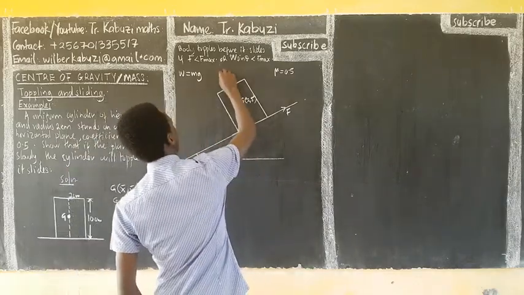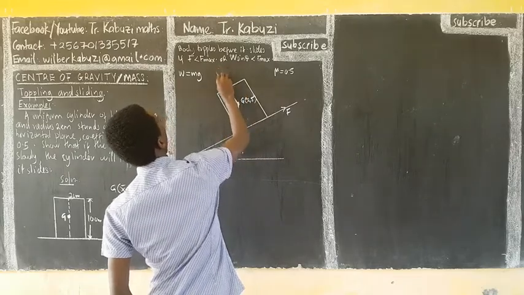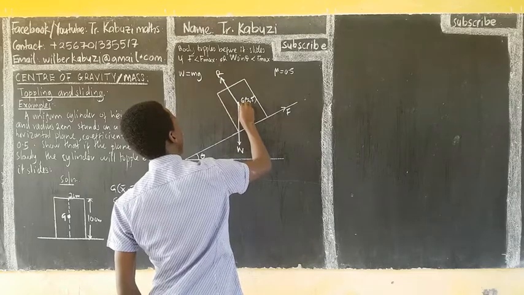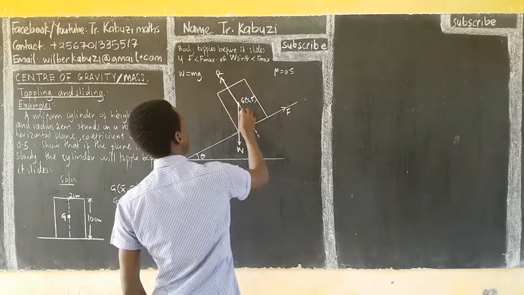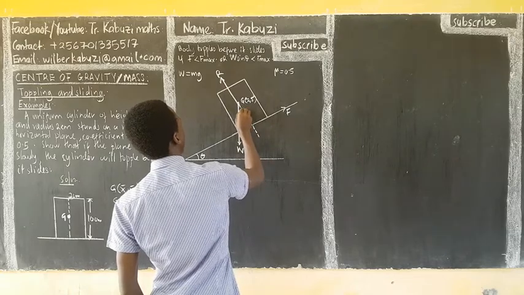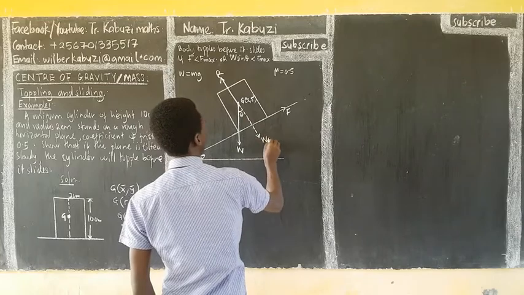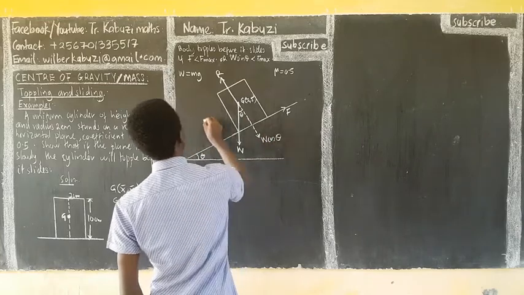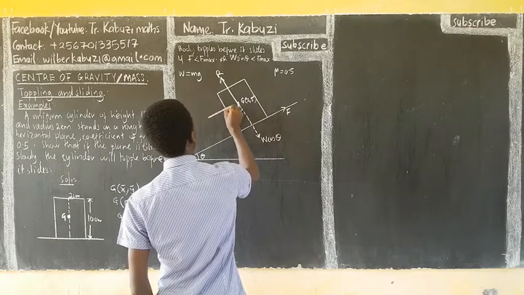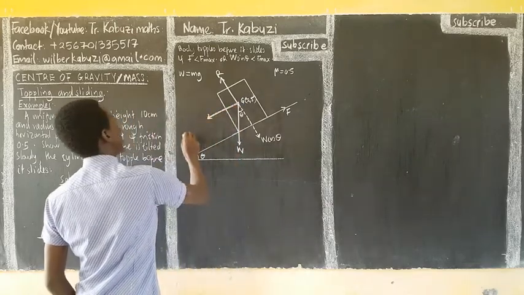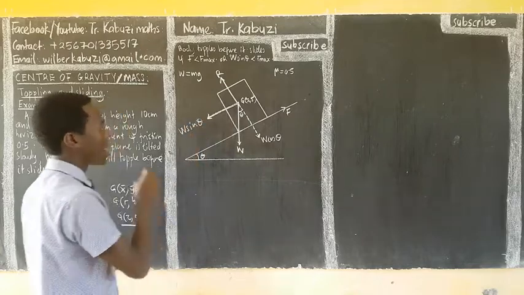Then we shall have the reaction R. Resolving the weight, perpendicular to the plane we have W cos theta, and along the plane we have W sin theta.